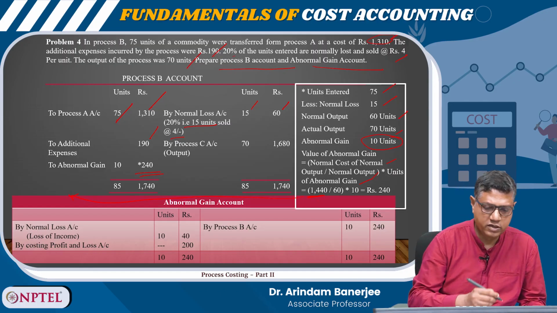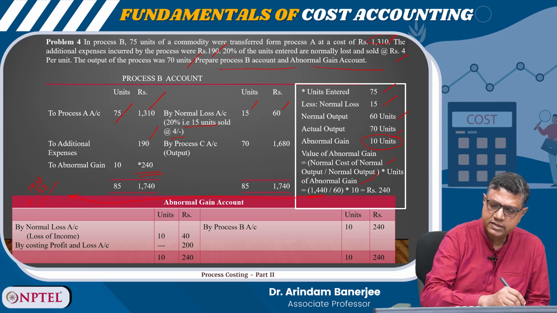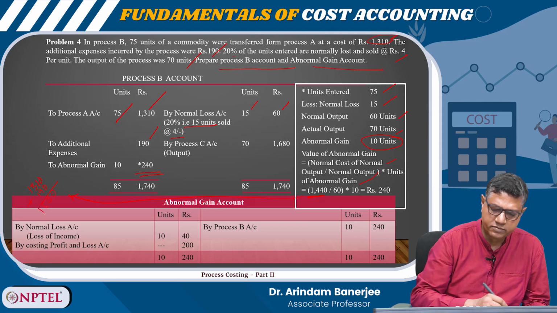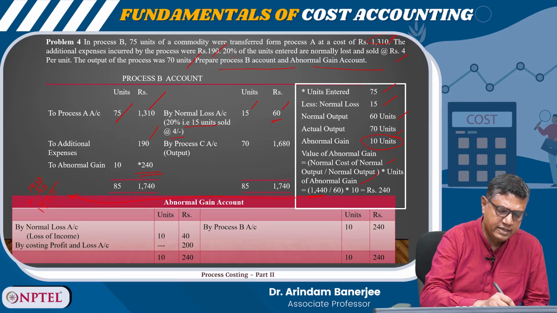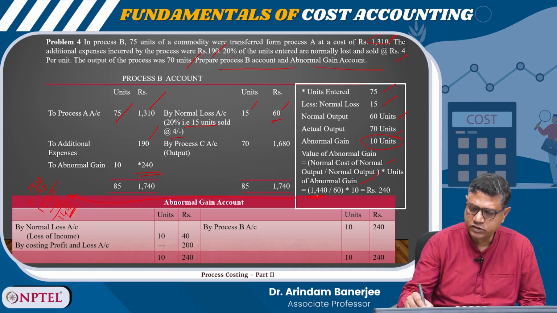My normal cost is 1310 plus 190, so 1310 plus 190 is 1500, right. 1500 minus normal loss, this is 60. So, minus normal loss 60, it is coming 1440, right. That is how this value 1440 is coming.